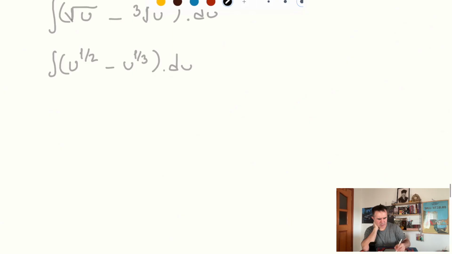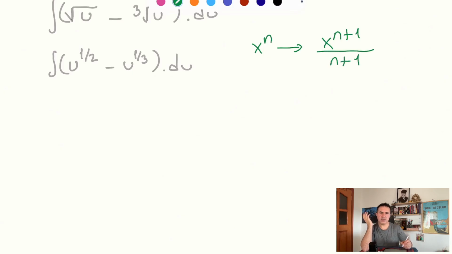And let's integrate them one by one. If we have a power function as x to the n, to integrate it, we add 1 to the exponent and we divide by the new exponent. Here we have u to the power of 1/2.